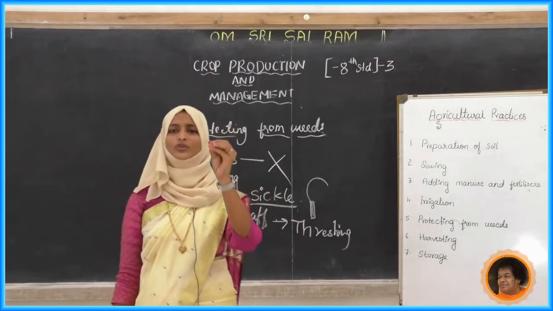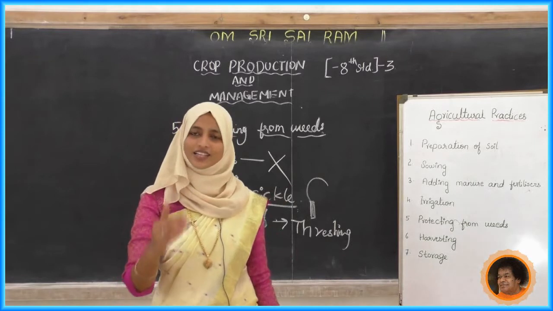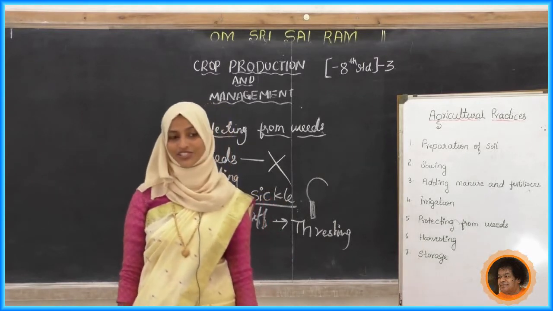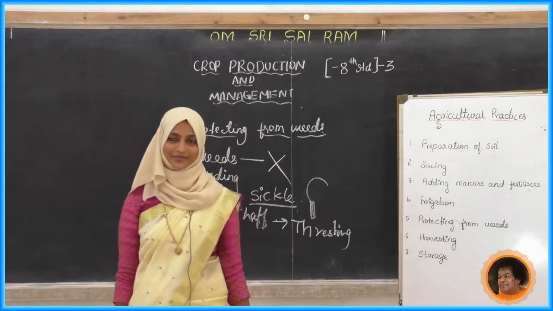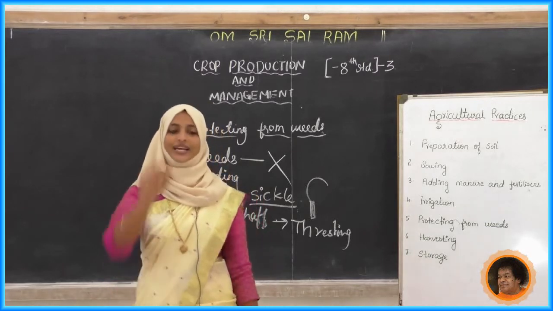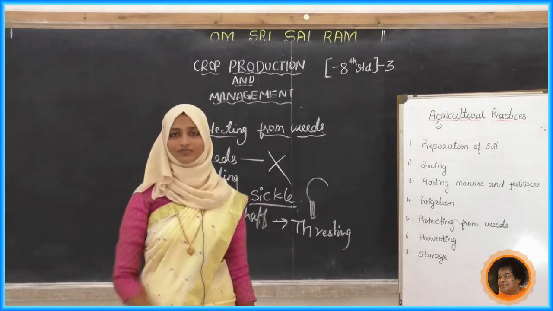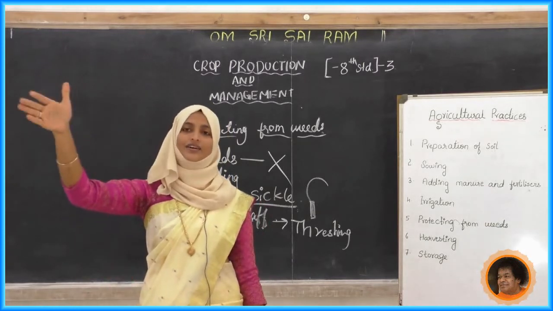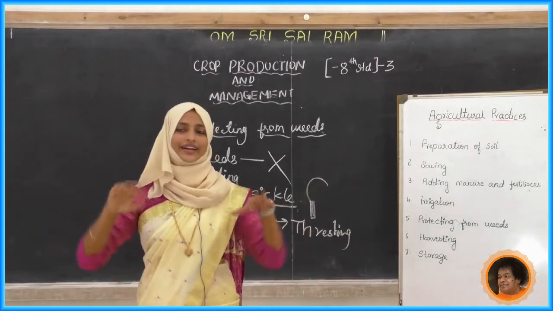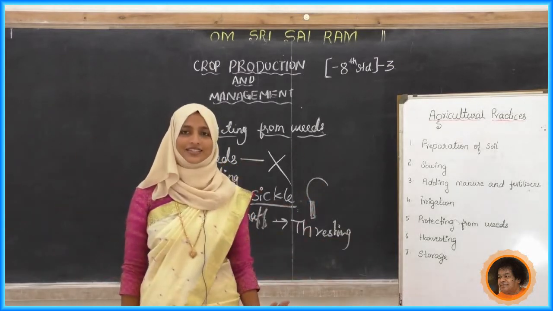Next we will move to a small point, the last point of our chapter, that is food and animals. Before that, you have to make two columns. In one column write down the food. In another column write down the heading as source. So, from where are we getting this? One example I will tell you, students.